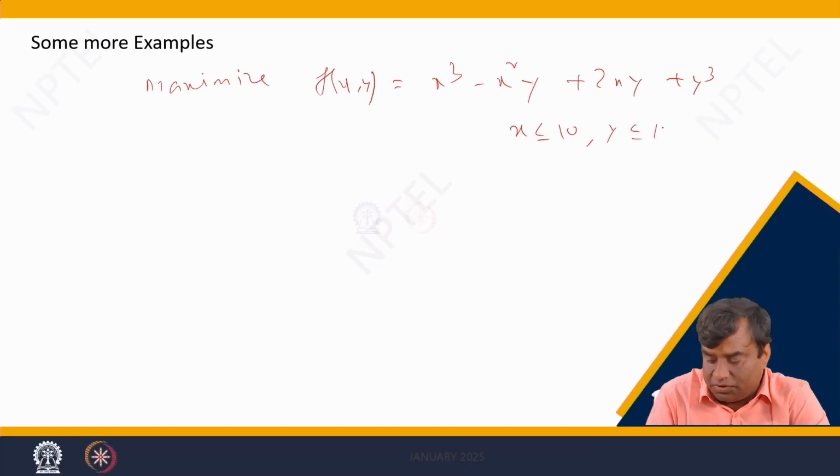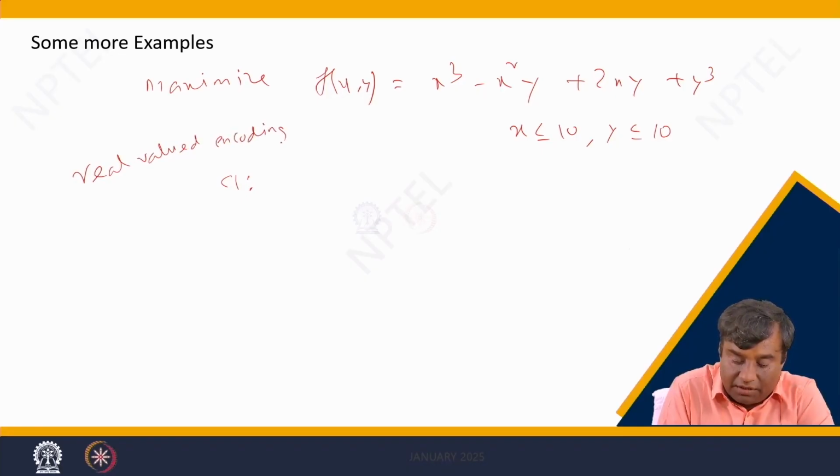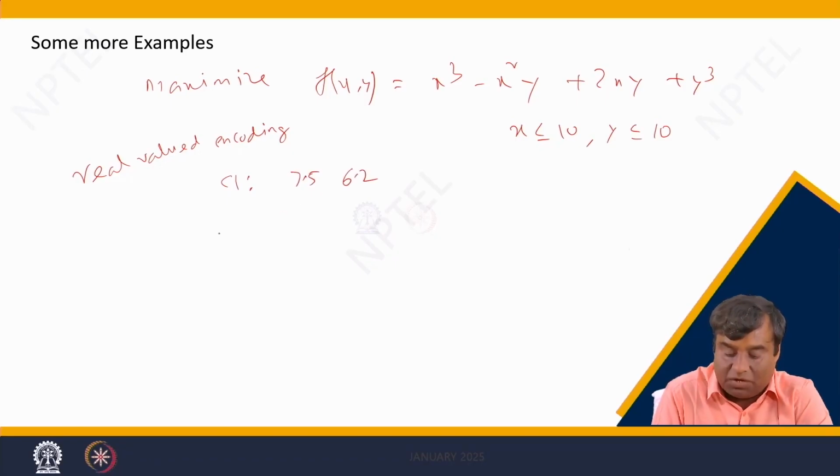Here we can write one chromosome, C1, in real valued encoding. Suppose x is 7.5 and y is 6.2. So this is one chromosome in real values. Chromosome 2 may be x is 5.7, y is 9.2.